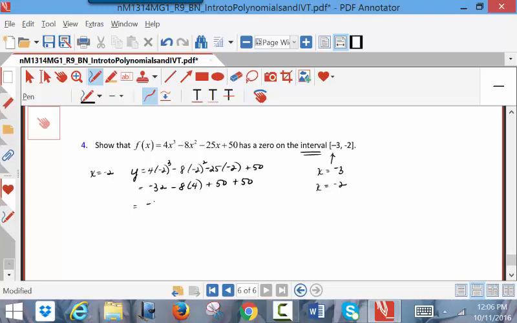So this is a negative 32 minus 32 plus 50 plus 50. That's a negative 64 plus 50, which is a negative 14. Negative 14 plus 50 is a positive 36, right? So all I want to know is this is a positive result. Did I do that right?